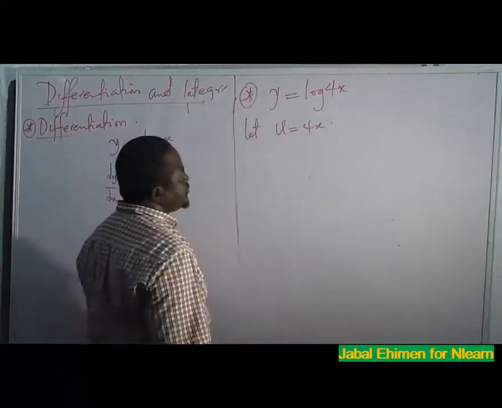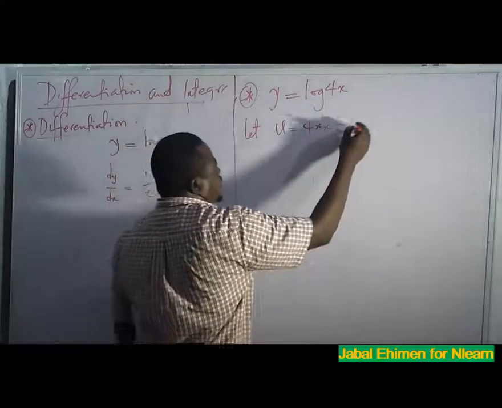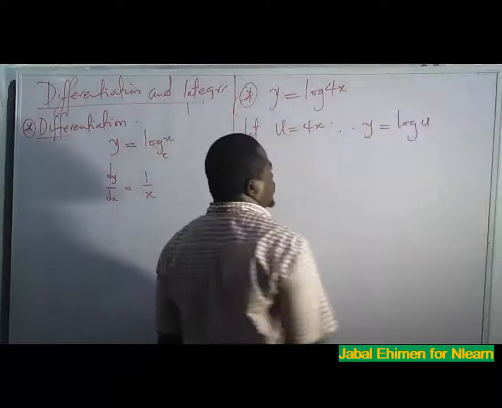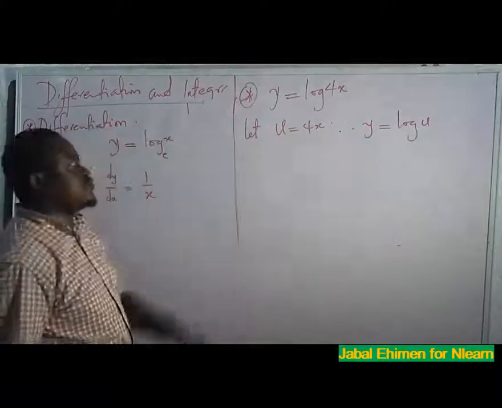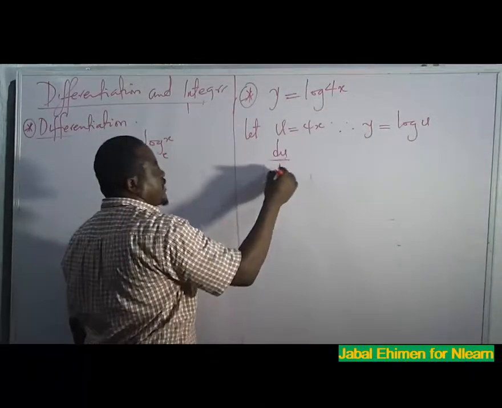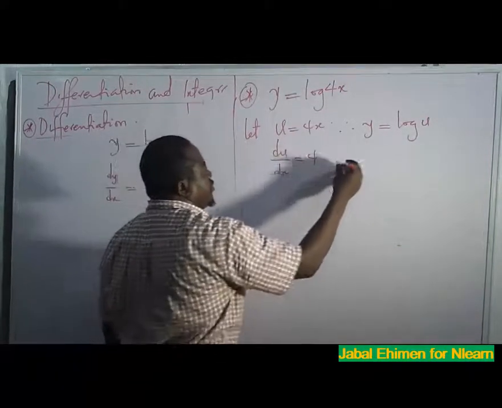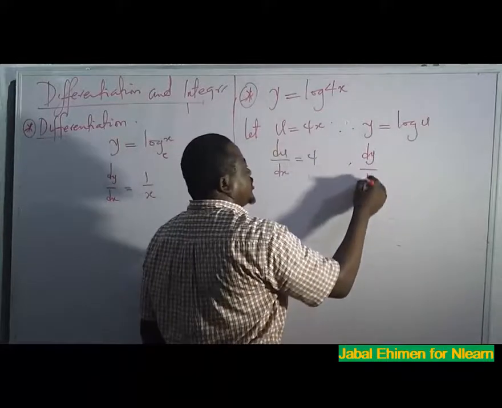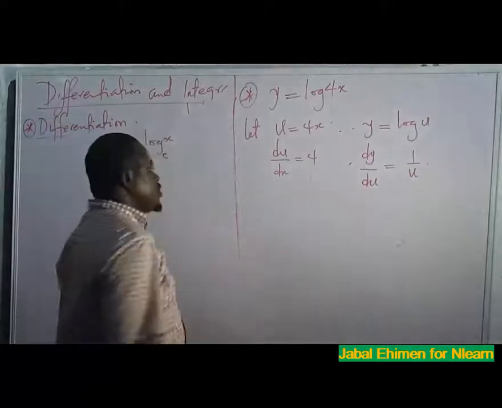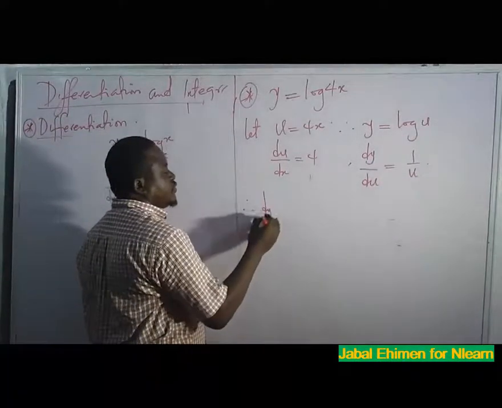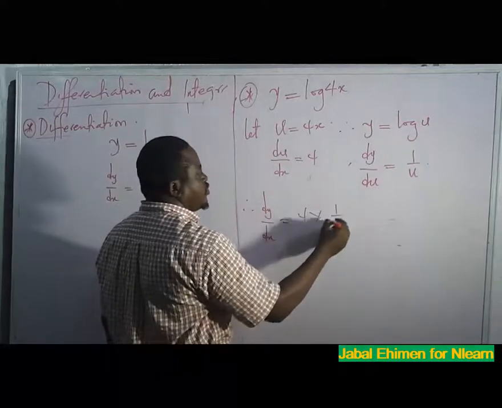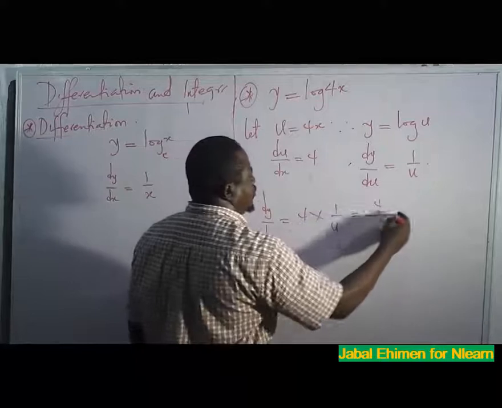Therefore, y is equals to log u. du over dx will give me 4. dy over du will give me 1 over u. So therefore, my dy over dx from the function of a function is 4 times 1 over u. That becomes 4 over u.